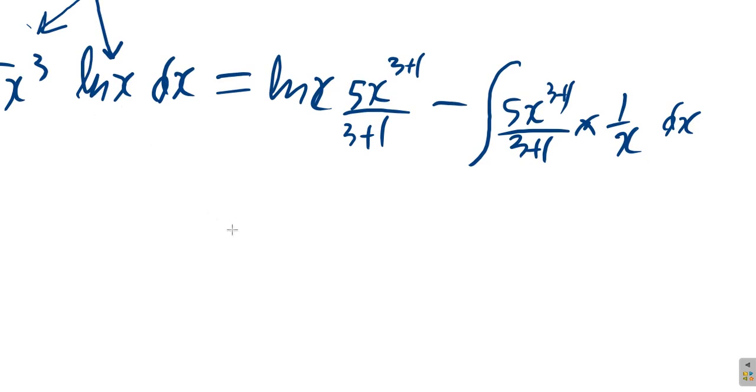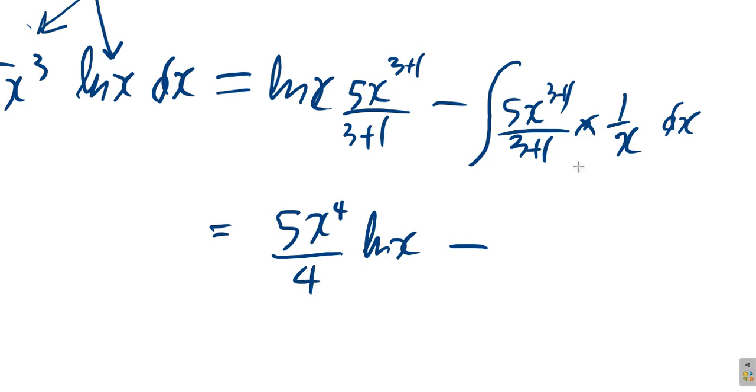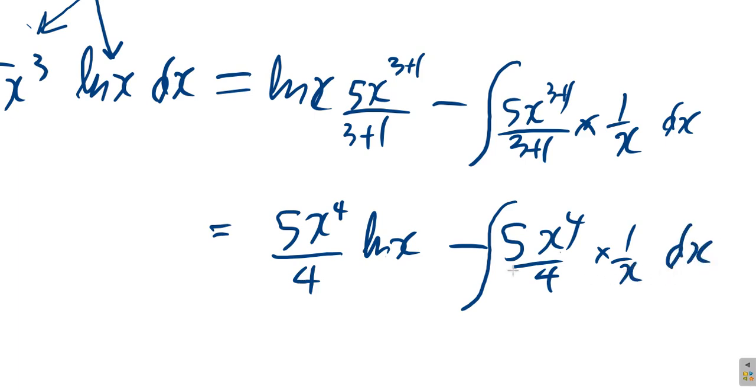So what happened now? You say 5x to the 4 over 4 times ln x minus the integral of 5x to the 4 over 4 times 1 over x dx.